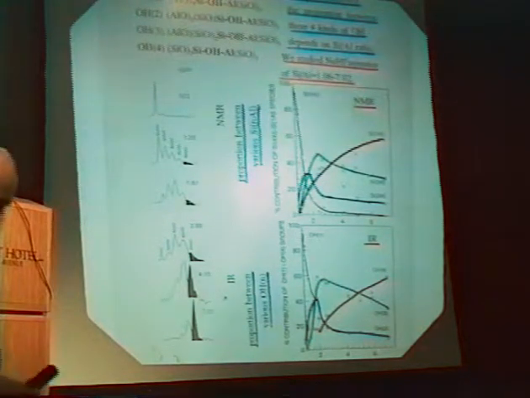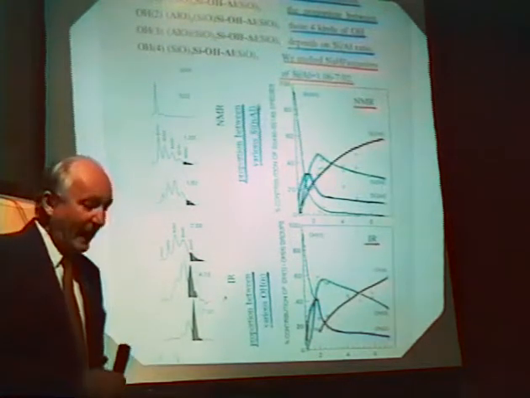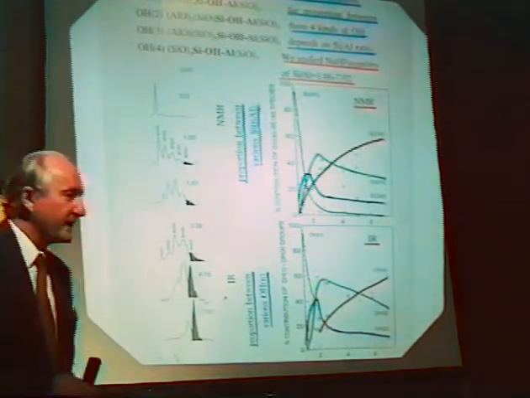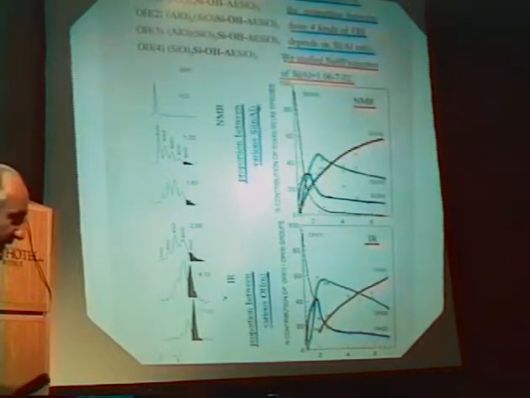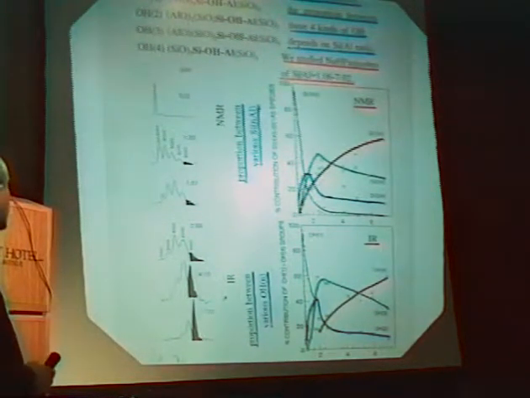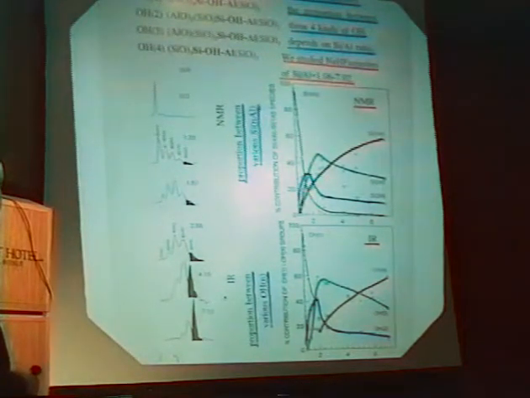Such good agreement indicates that, at first, our assignment of 4 kinds of bridging hydroxyls to 4 kinds of Si species was correct.